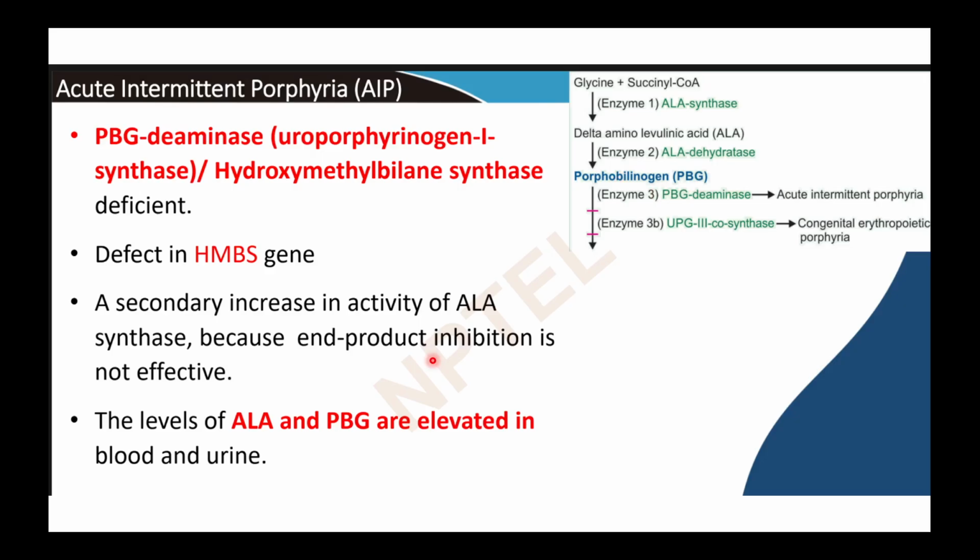Okay, so this is acute intermittent porphyria, which is caused by porphobilinogen deaminase deficiency or defect. And this defect or deficiency is due to the defect in the gene that codes for this enzyme. This enzyme is also known as uroporphyrinogen 1 synthase or hydroxymethylbilane synthase. Okay.